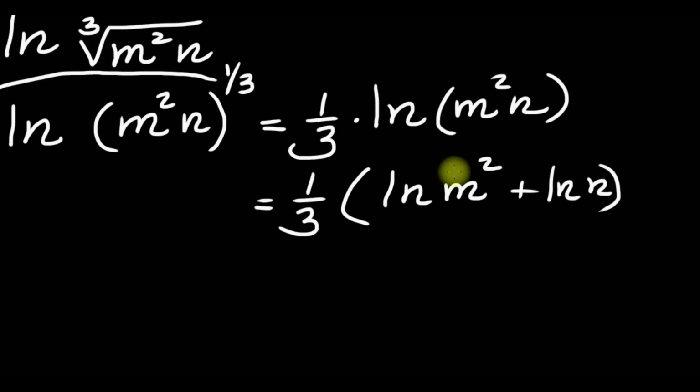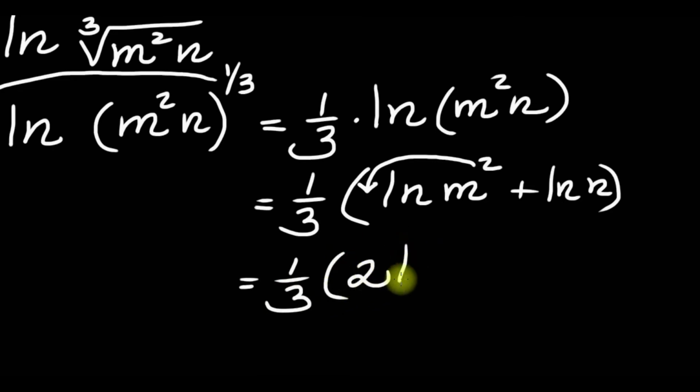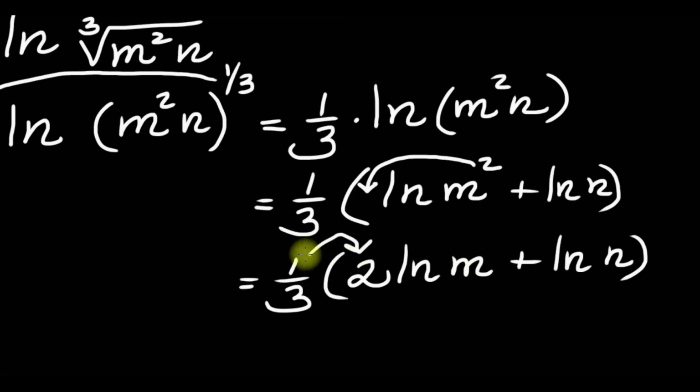Continue here, I would have to use the power property to bring down the exponent to the front. So I'm going to have 1/3 times 2 ln of m plus ln of n. And then distribute the 1/3 to get rid of the parenthesis.